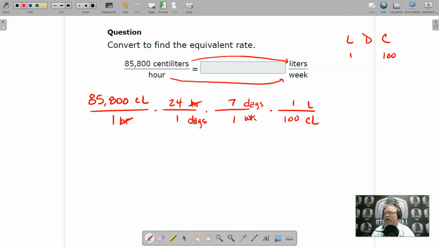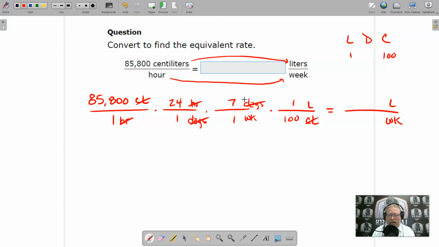Hours cancels hours, days cancels days, centiliters cancels centiliters, so we end up with measurement up in the numerator is liters, and the measurement in the denominator is weeks. Is that what we're looking for? Indeed, liters per week. So now we can go 85,800 times 24 times 7. Wow.